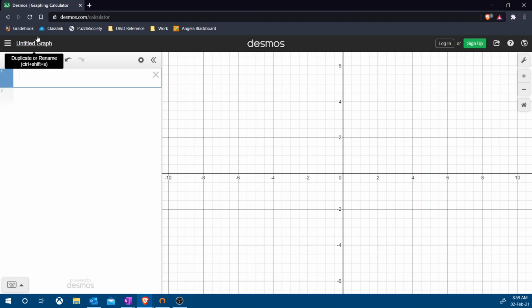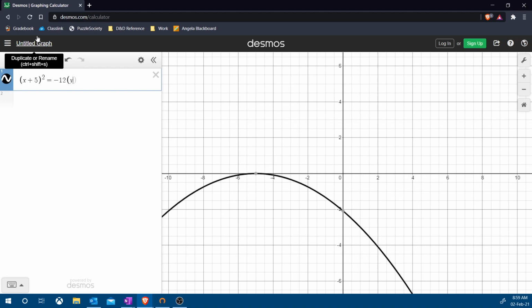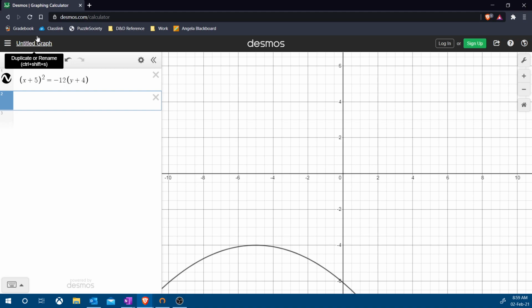All right, so we are postulating our equation is x plus 5, the quantity squared, equals negative 12 times y plus 4. We are postulating our axis of symmetry is x equals negative 5. We know our directrix is y equals negative 1.